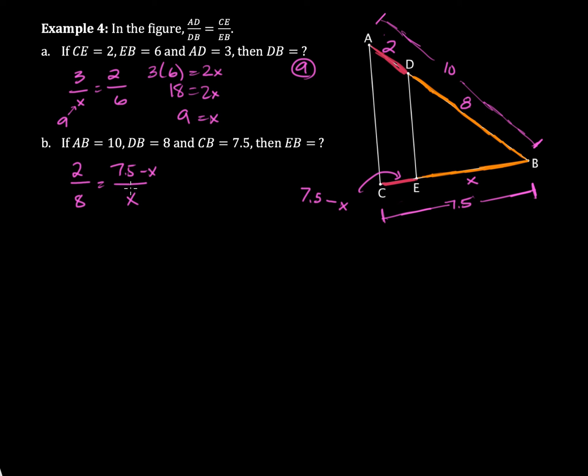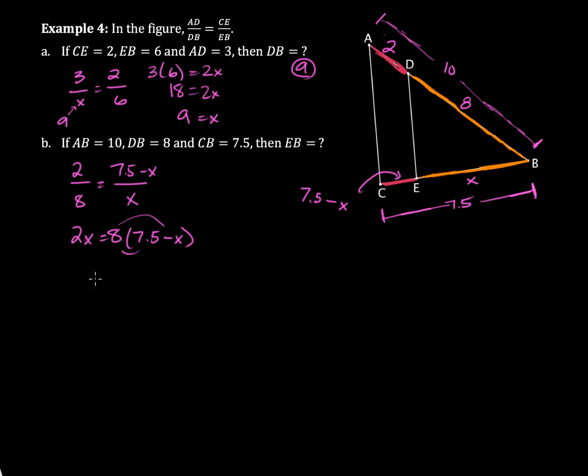This one you probably need cross multiplication to solve. I don't know if you'll be able to just visualize what this ratio turns out to be with these x's in both these spots. So let's go ahead and cross multiply. We'll take 2 times x and say it equals 8 times the quantity of 7.5 minus x.